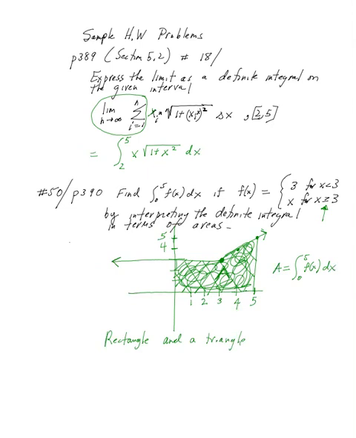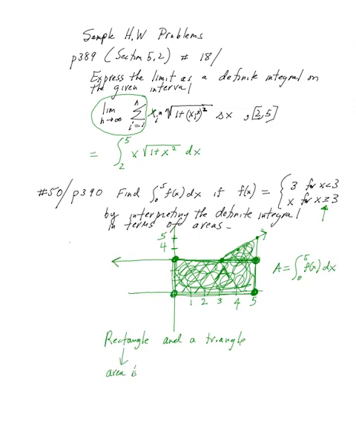Why don't we just do a rectangle and a triangle? How about this rectangle? You see the one I'm outlining? The rectangle with this corner, this corner, this corner, this corner. What's the area of that rectangle?